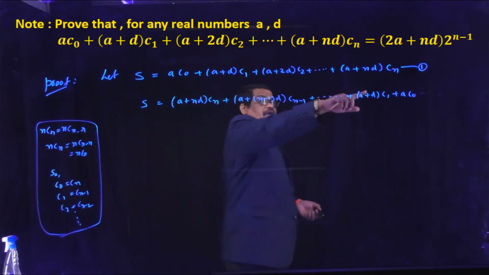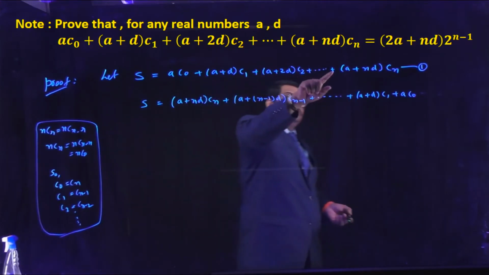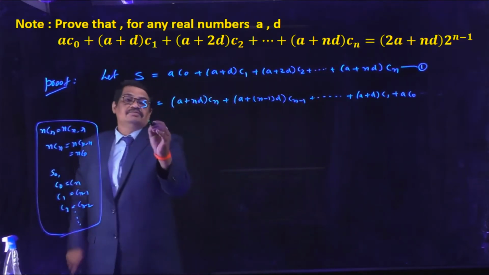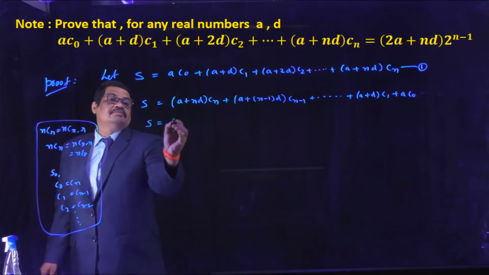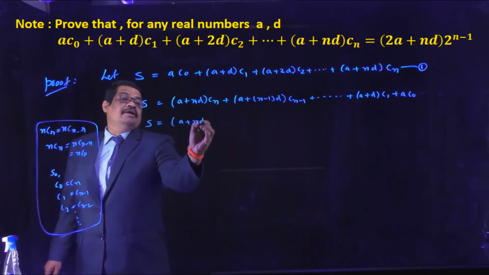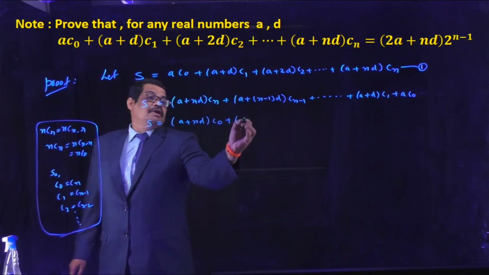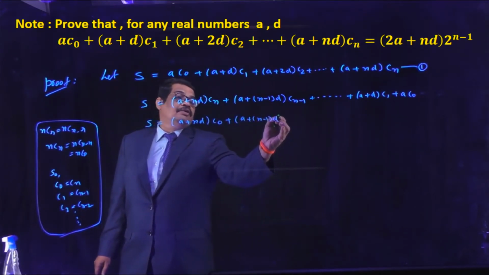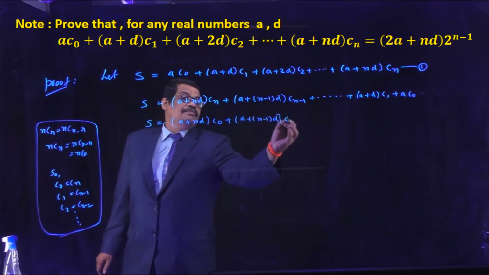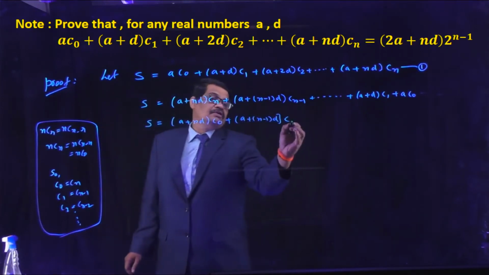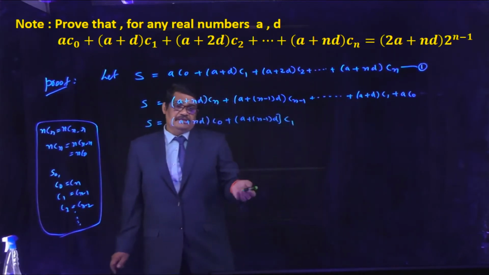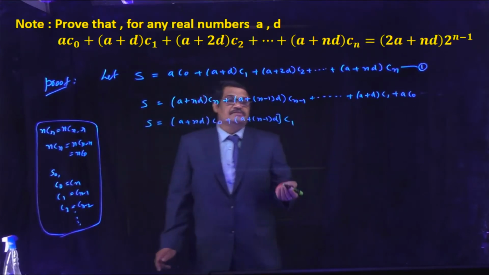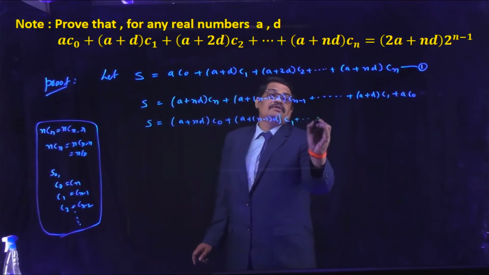In this step we write (a plus nd) into C naught. Here (a plus (n minus 1) d) into C(n minus 1), that is C1, that is nC(n minus (n minus 1)), where n minus n is cancelled, giving plus 1. Now we are writing like that.